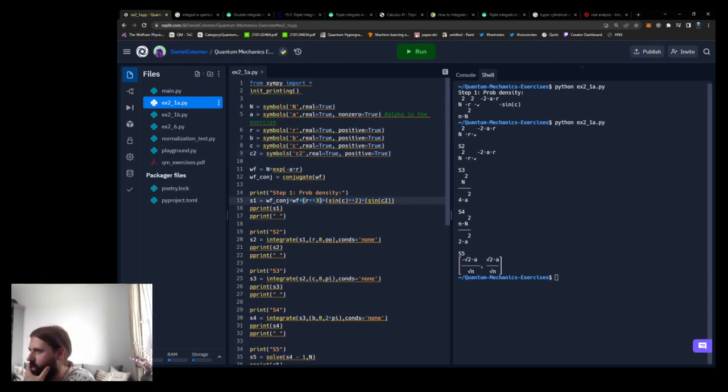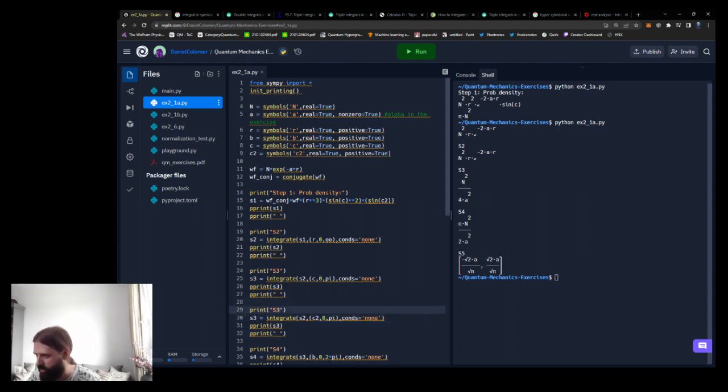So this is r to the third times sine to the second times sine C2. And then we're going to have another step. First you do C and then you do C2.